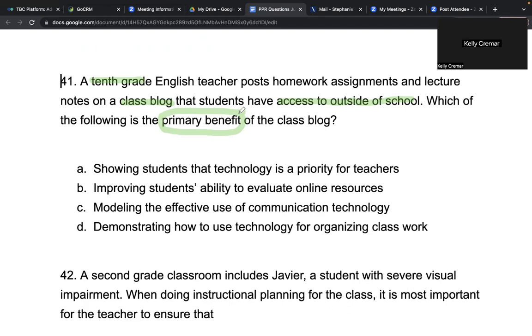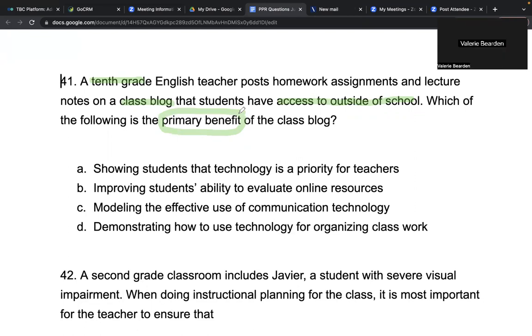A, showing students that technology is a priority for teachers. B, improving students' ability to evaluate online resources. C, modeling the effective use of communication technology. D, demonstrating how to use technology for organizing classwork. All right, what are we thinking that we can for sure get rid of?